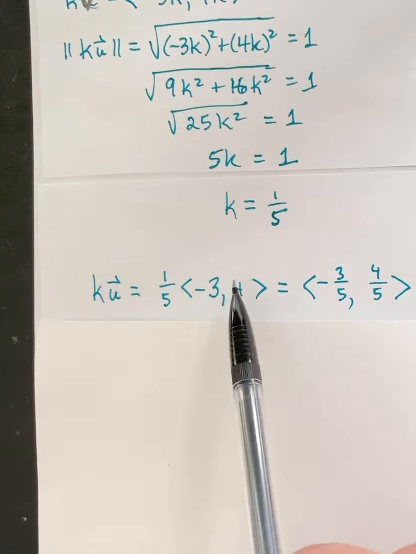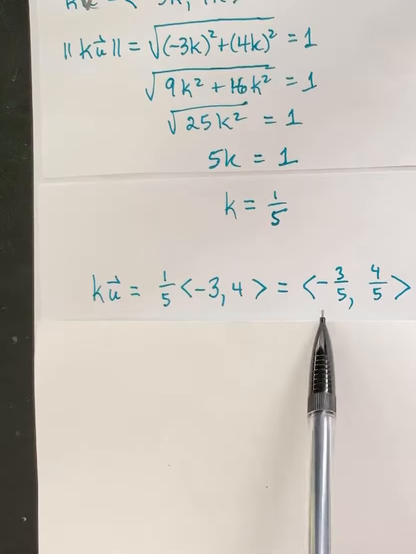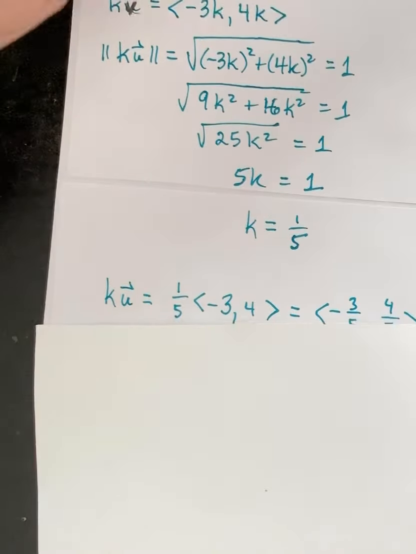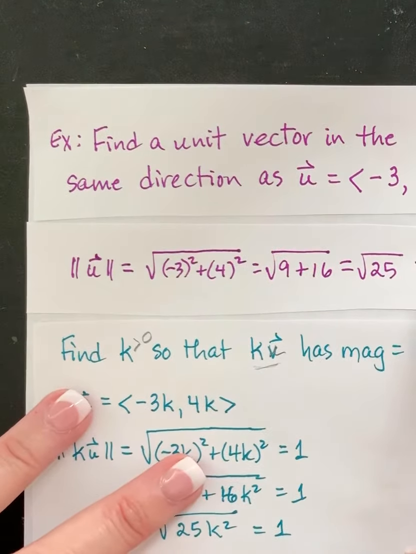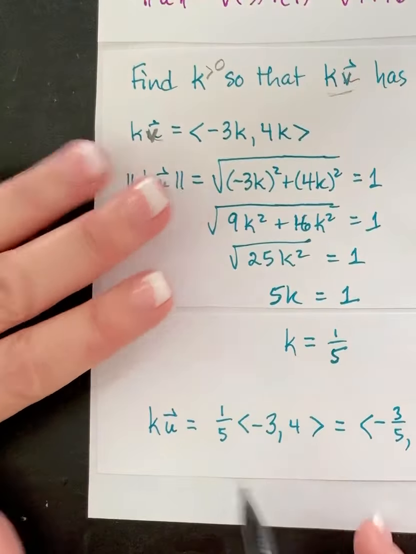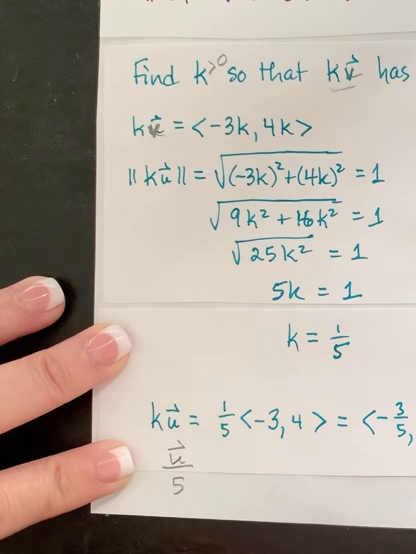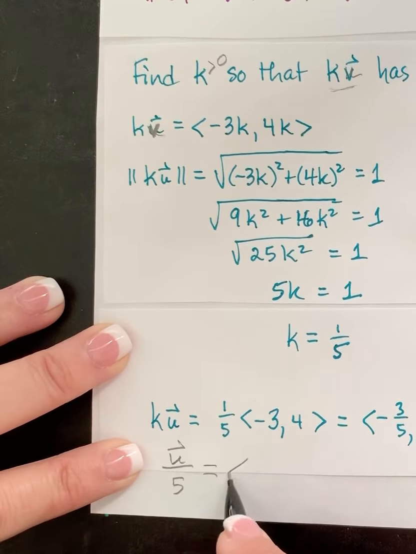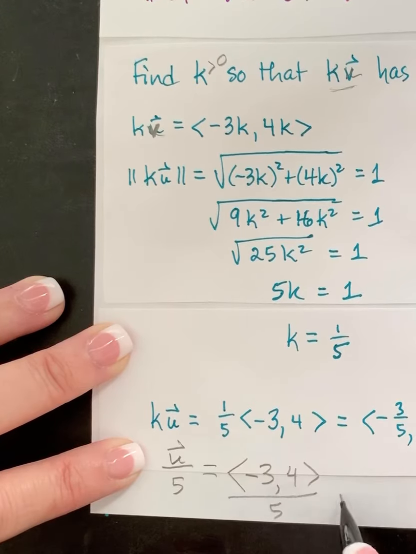If you notice, when you multiply by 1/5, you're dividing by 5. We are taking the original vector and dividing by its magnitude. So this could be written as vector u divided by 5 also. If you do -3, 4, and you divide everything by 5, that will lead you to -3/5, 4/5.